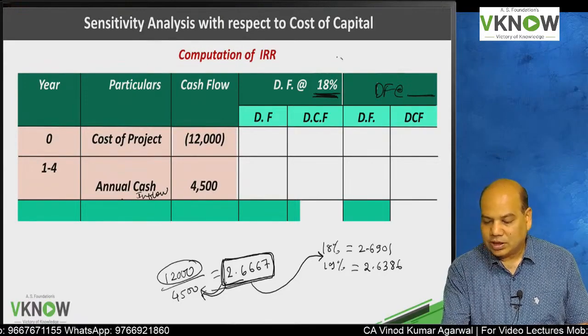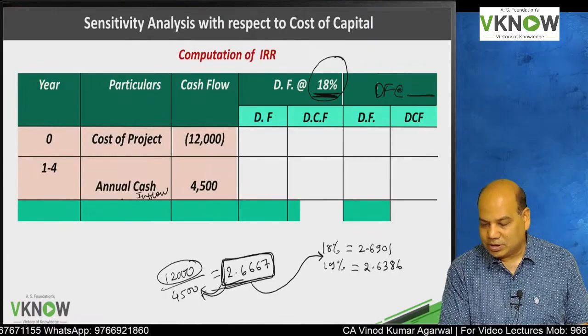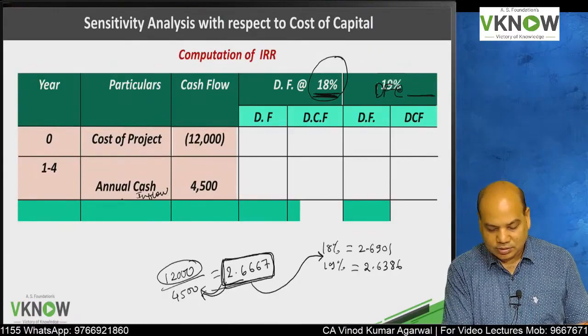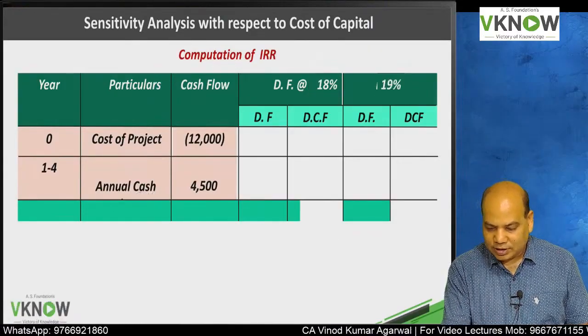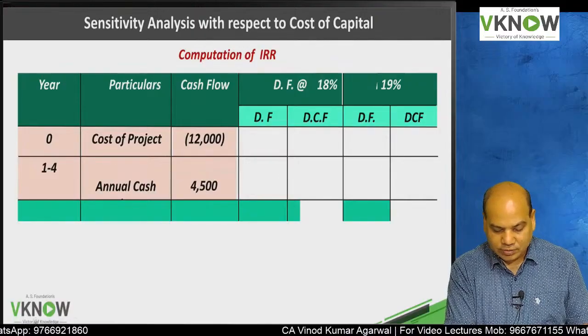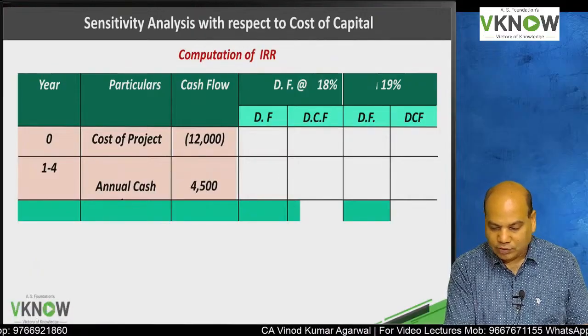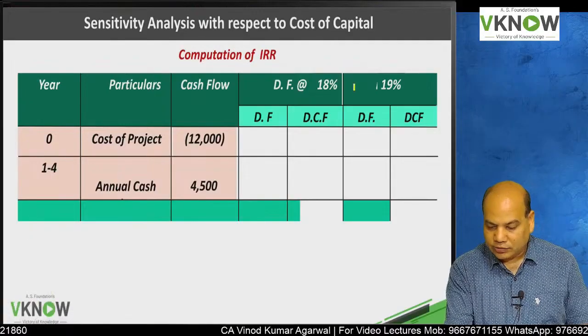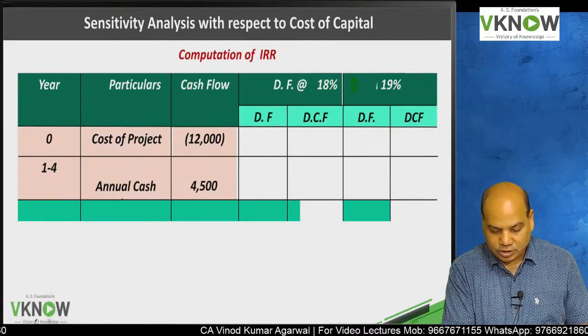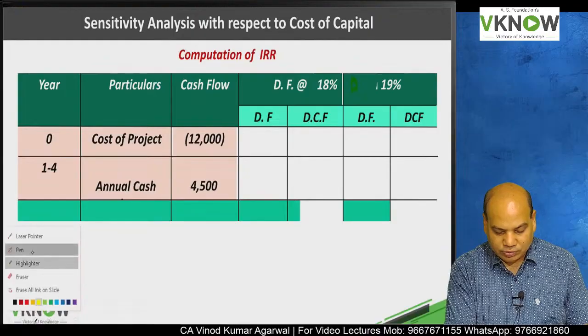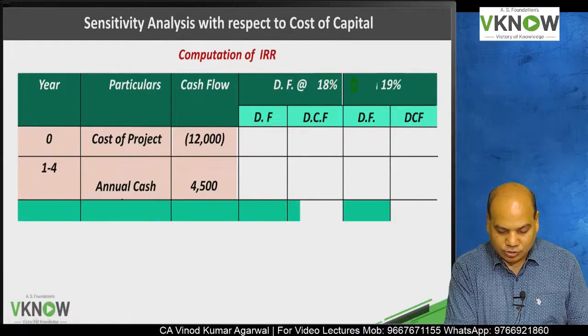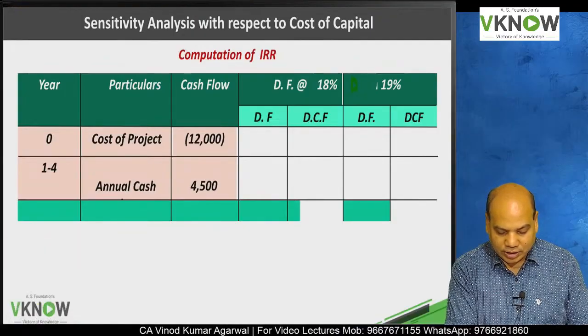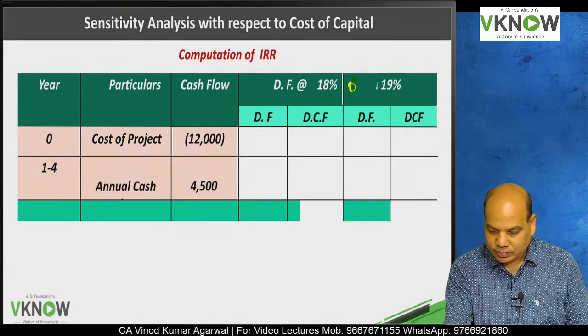Hence I will start with 18% and I will take the second rate as 19%. Is it right? If you have the annuity table with you, then you can decide the start rate and end rate very easily.